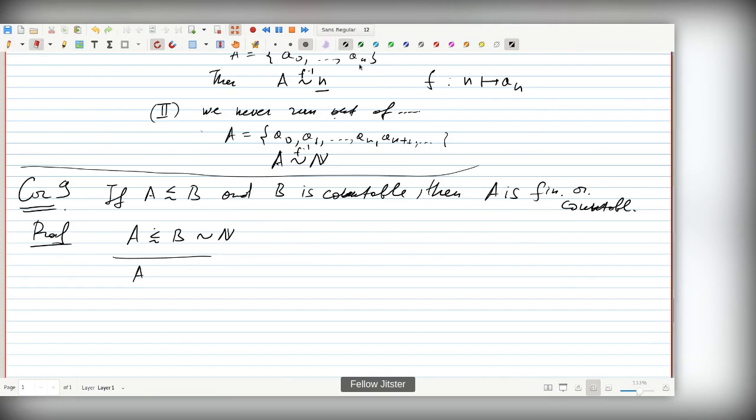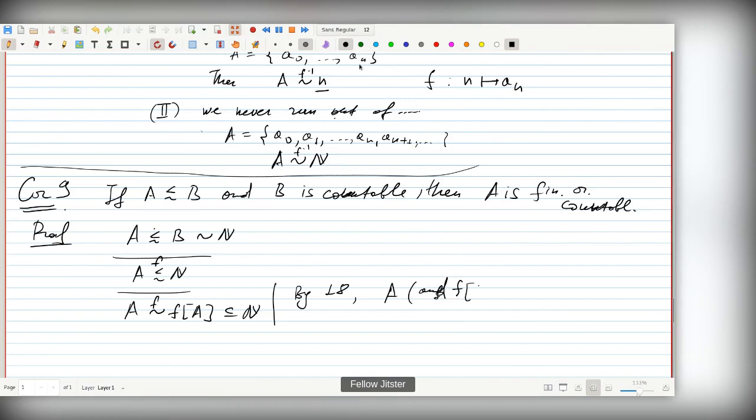Then A is embeddable into N. So A is in a one-to-one correspondence, in a bijection with its image, which is a subset of N. So by our previous lemma, A and its image are either finite or countable. It is quite clear.